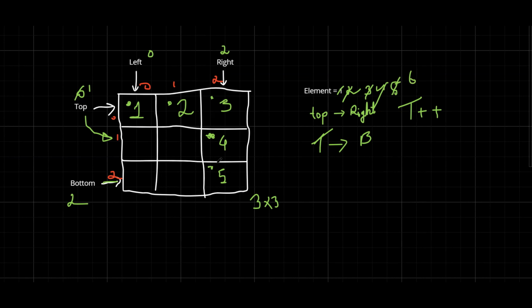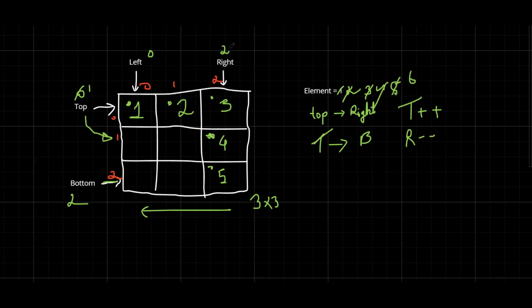Now, as we completed iterations in the downwards positions, now we have to iterate from right to left. After we completed the iteration from top to bottom, we have to decrement the value of right by 1.